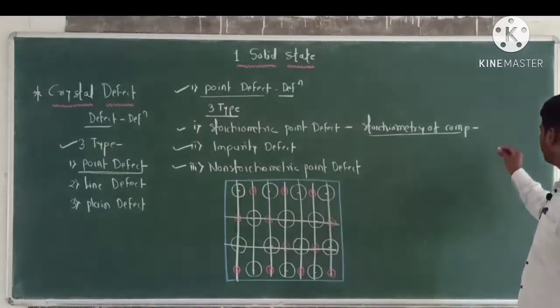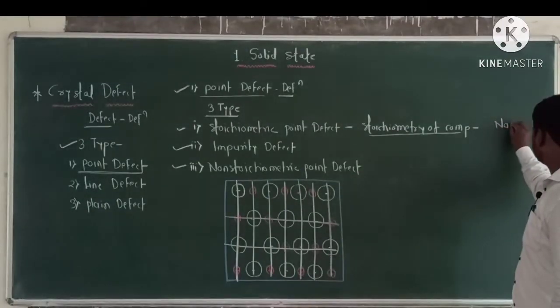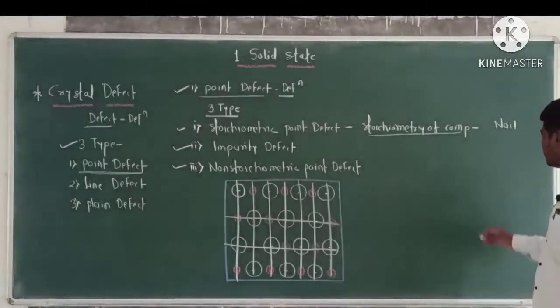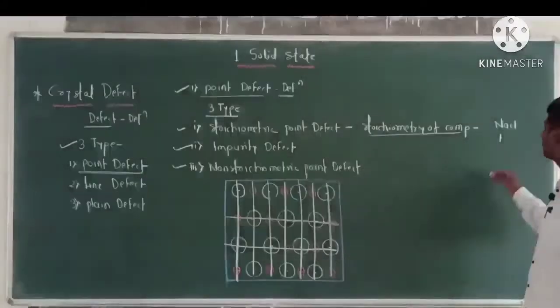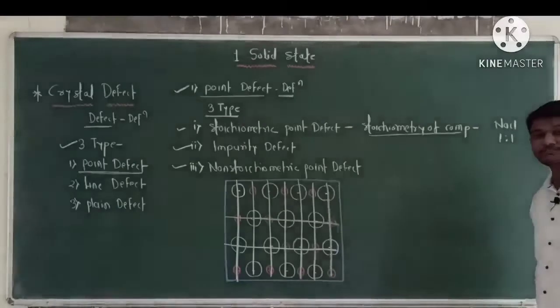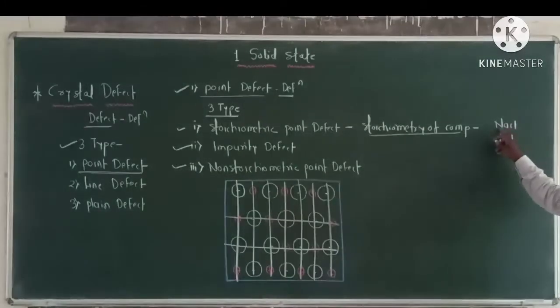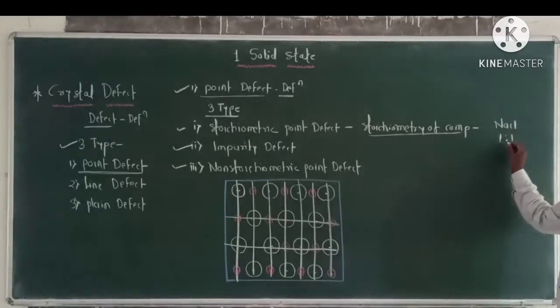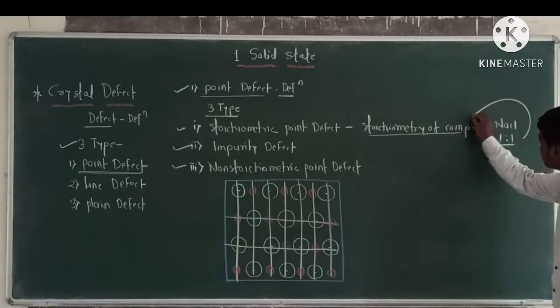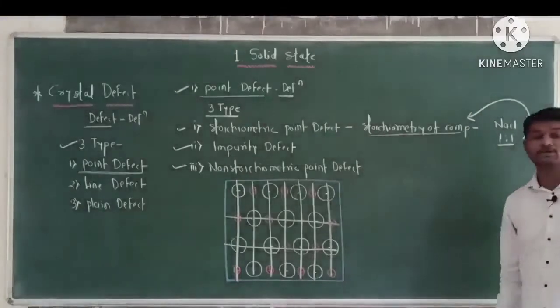For example, NaCl. In NaCl, one sodium atom and one chlorine atom, the ratio is 1:1. That is one cation and one anion, so the fixed ratio is 1:1. This fixed ratio is called the stoichiometry of the compound.